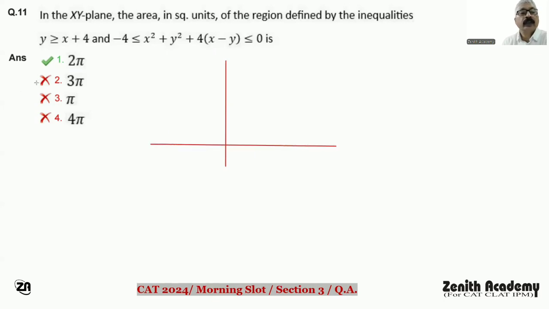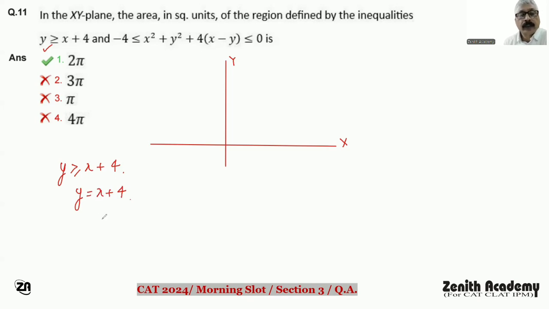x-axis, y-axis कहते हैं। This is your y-axis and it's x-axis. पहले इसको लेते हैं, y is greater than or equal to x plus 4. So look, if it is y is equal to x plus 4, right?